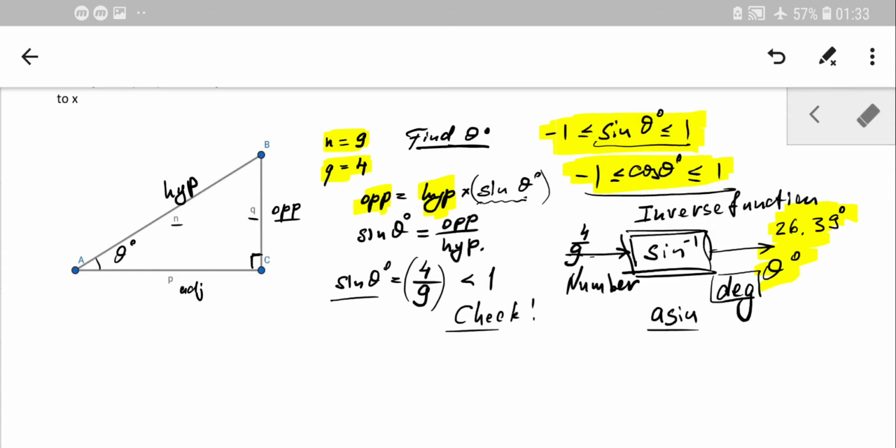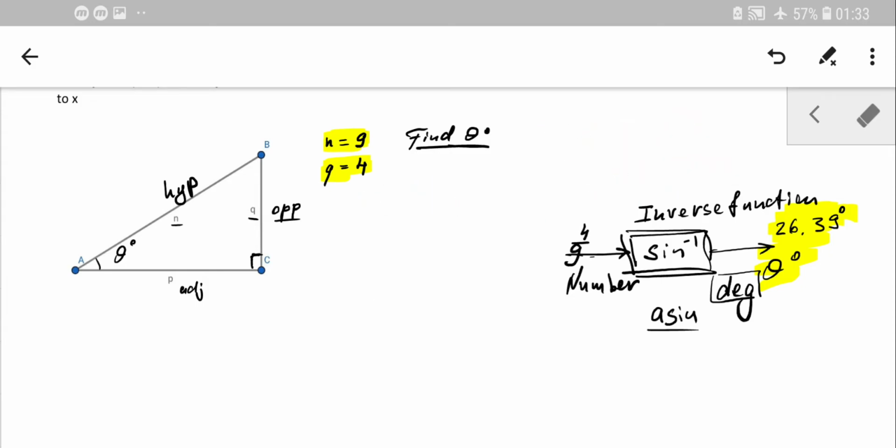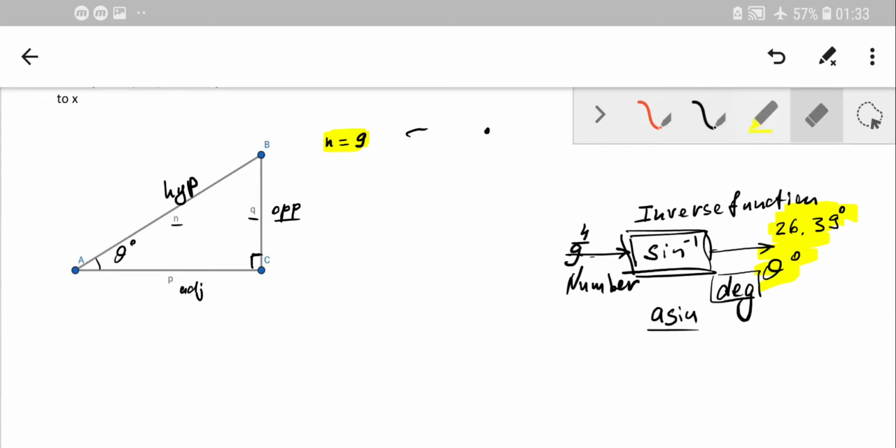So I want to erase the theta, because right now we're going to use different parameters. All right, now let's say we want to find some sides, and in this case we're not given the hypotenuse.